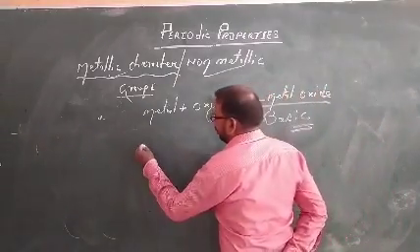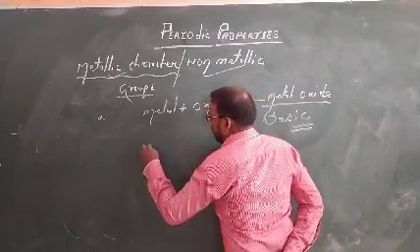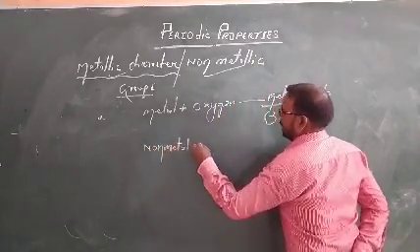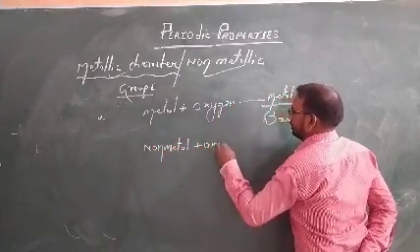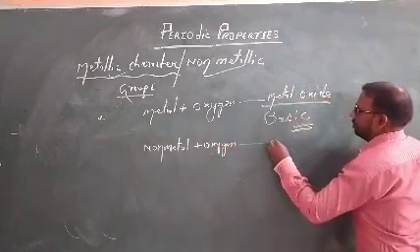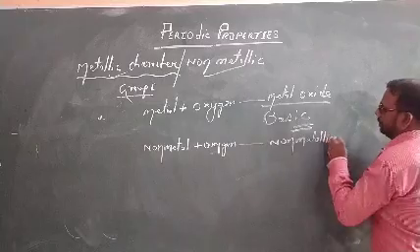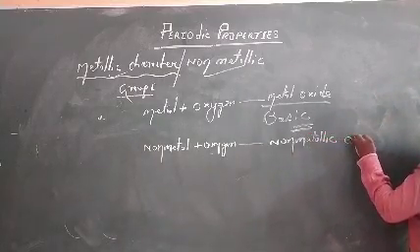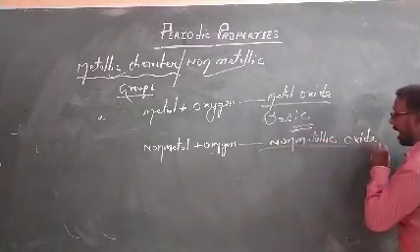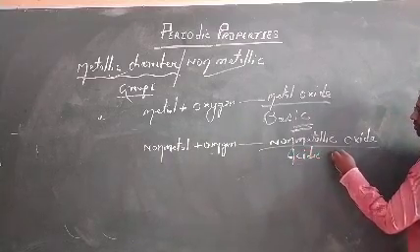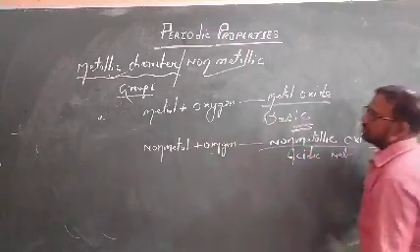A non-metal reacts with oxygen to form a non-metallic oxide, and non-metallic oxides are acidic in nature.